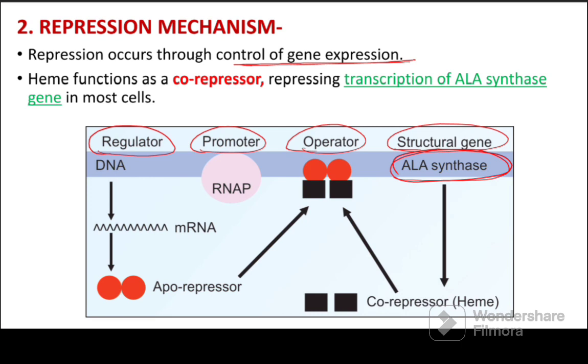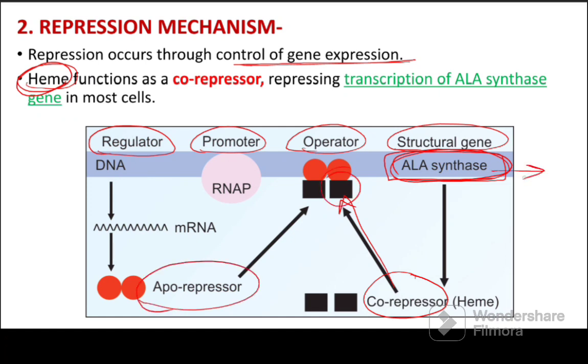So repression is the mechanism by which the excess product shuts off the synthesis of the key enzyme of the pathway. If heme is present in excess, it will function as a co-repressor and bind to the operator site along with the aporepressor so that the synthesis of synthase enzyme is stopped. So heme inhibits the synthesis of synthase, acting as a co-repressor.